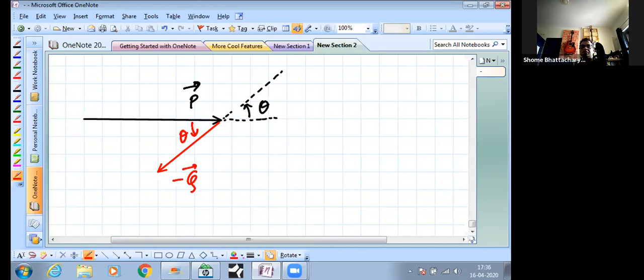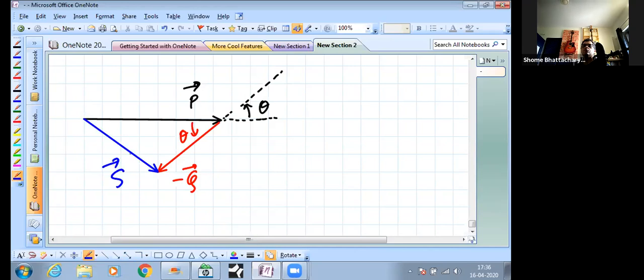So now what is the vector s? It is the sum of p and minus q. So I have to sum up this vector p with this vector minus q, and that will give me my resultant vector s. So p plus minus q is nothing but from this initial point to this final point. So it is this vector s.